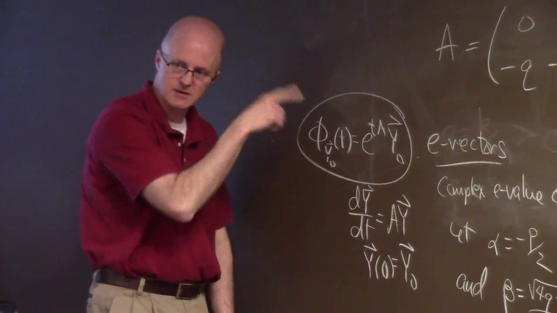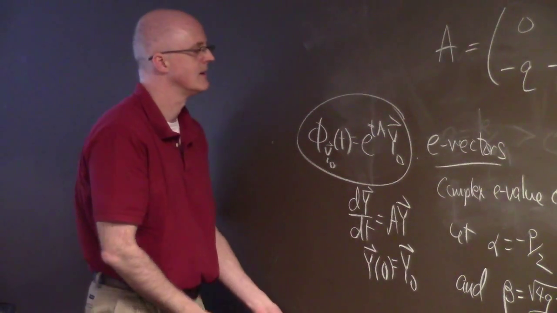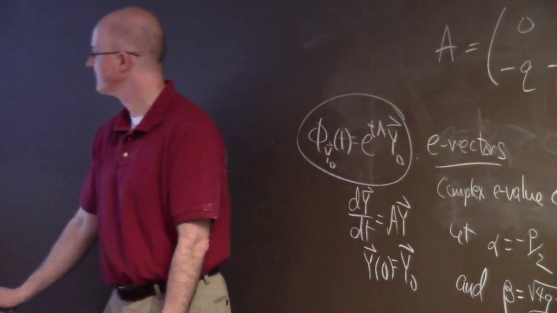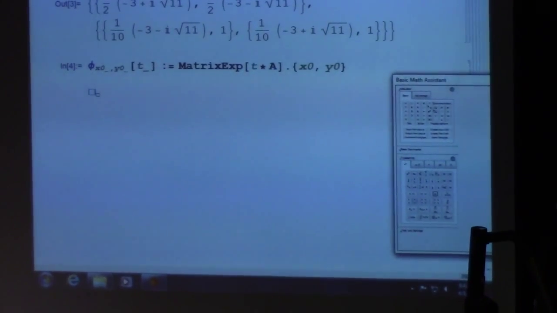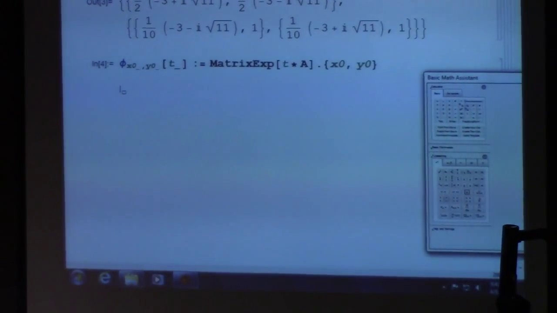Remember though that these are little y, little v's here. This example, so that's entered. I can take a look at it to see what it looks like. Phi, not hitting escape. Escape. There it is. Phi escape of x0, y0 of t.